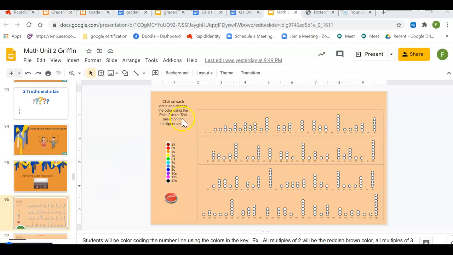So the way that this works is you will need to click on one of the circles first. So we'll try the first one with multiples of 2s. We know that 2 is a multiple of 2, and we'll click on the 2, and then we have to go up here to the fill color.